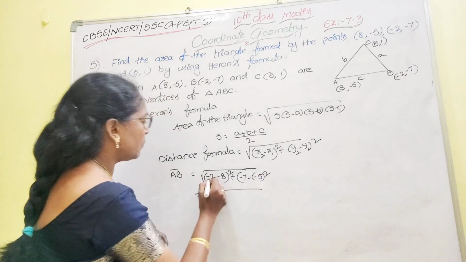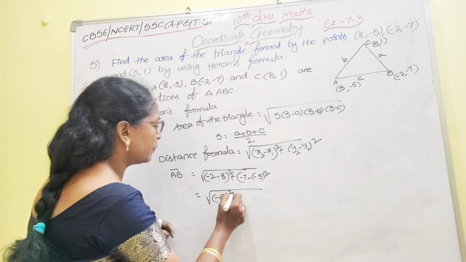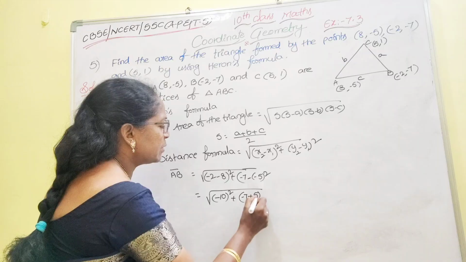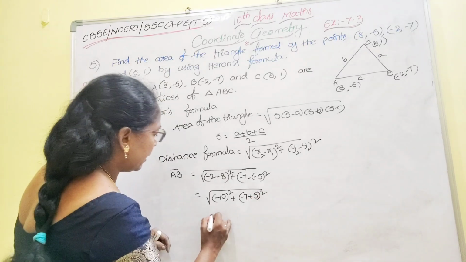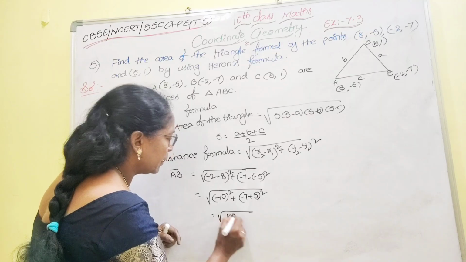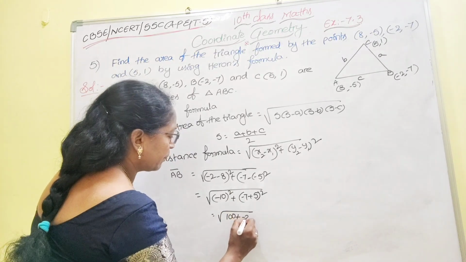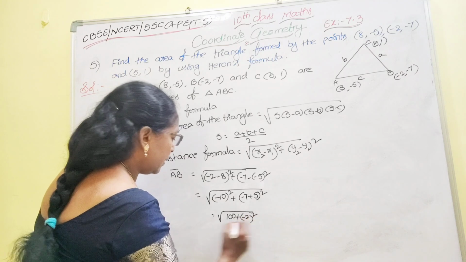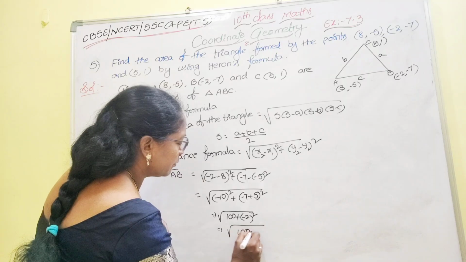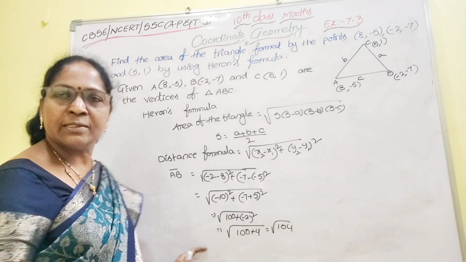That equals square root of (minus 10) whole square plus (minus 2) whole square, which is square root of 100 plus 4, equals square root of 104. This is the distance of AB.